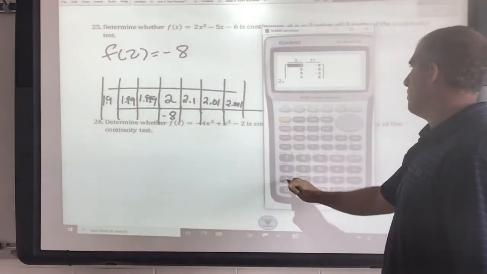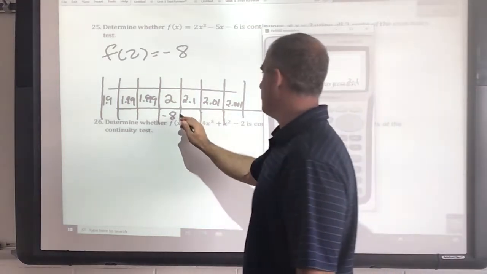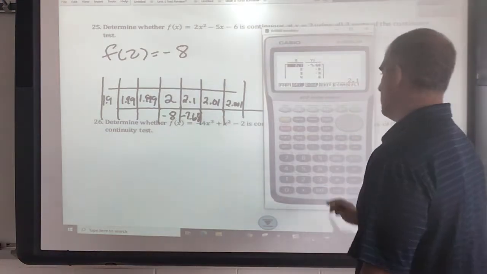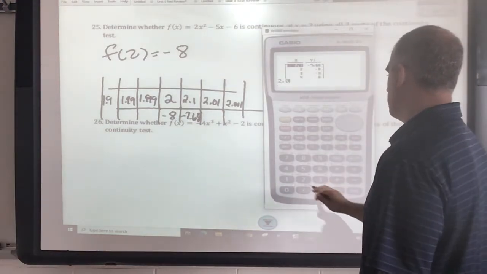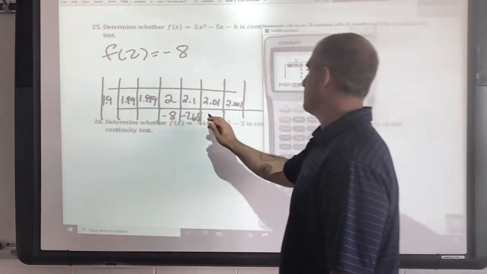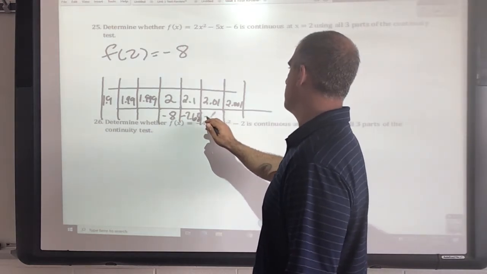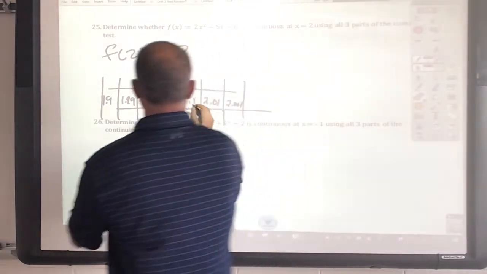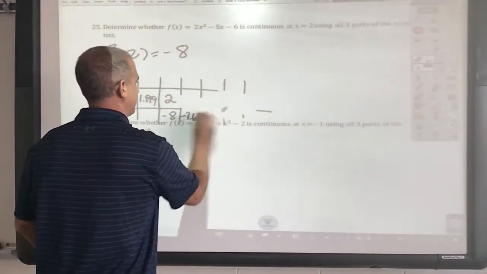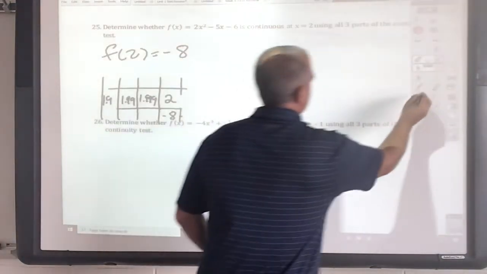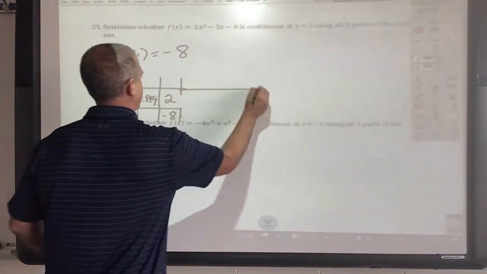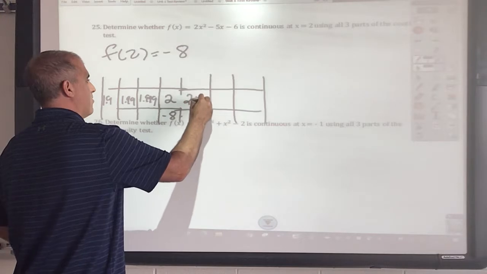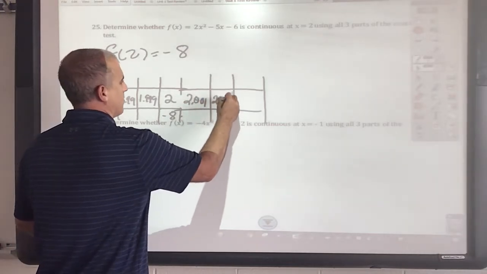At 2.1, I get -7.68. At 2.01, I get -7.9. Oh, whoops, I did that backwards. Sorry, hold on. I made my table a little bit backwards. Got a little ahead of myself there. Okay, 2.001, 2.01, 2.1.